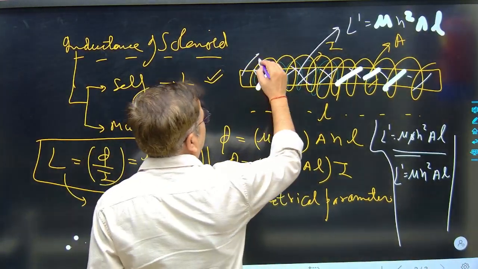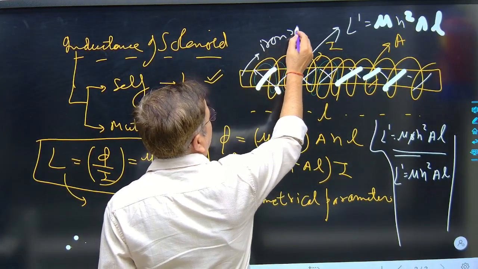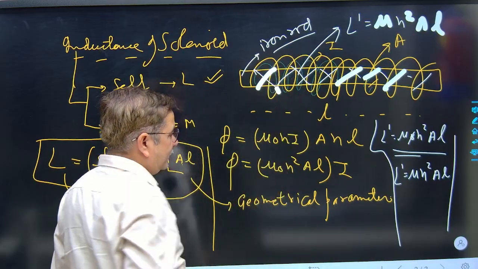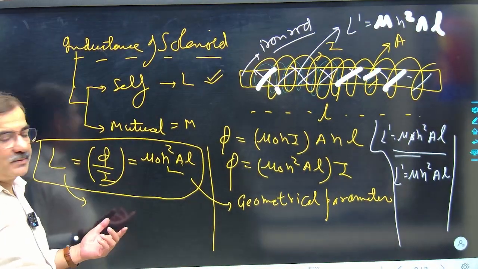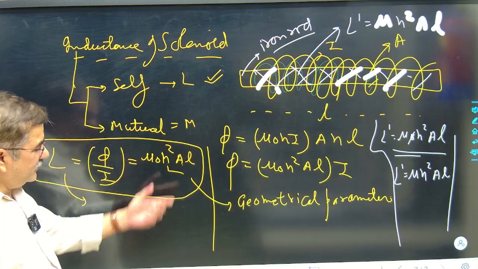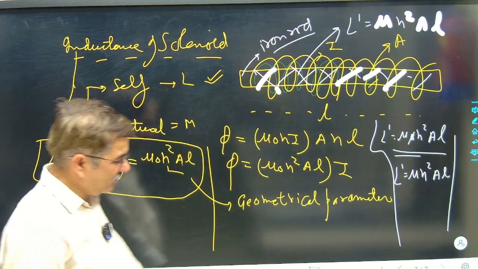This is the soft iron rod placed across the axis of the solenoid. So this is one method of defining self inductance.